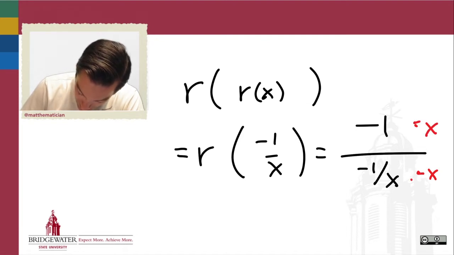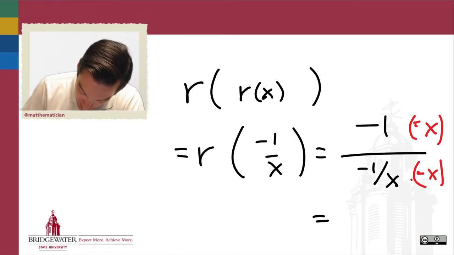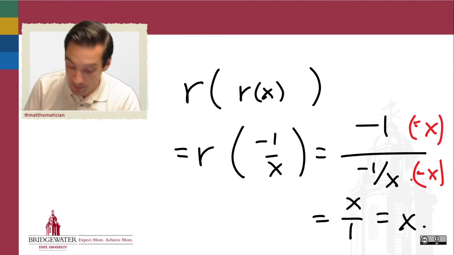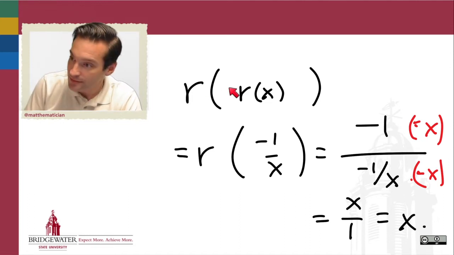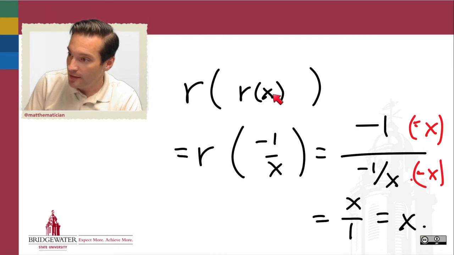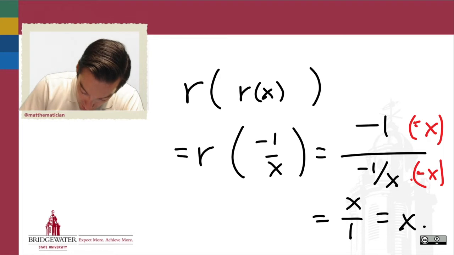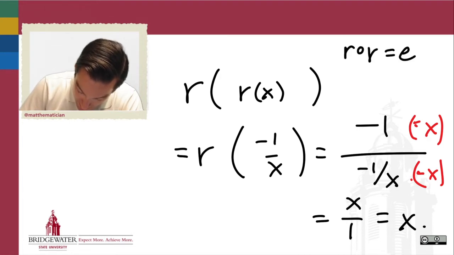So multiply by negative x on the numerator and in the denominator. In my numerator, I get x. In my denominator, I get 1. And so when I compose the R function with itself, I get whatever input I gave that function back as output. So R composed with R is the identity function, e of x equals x.